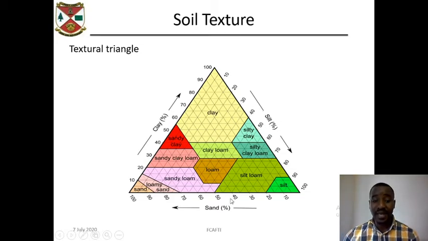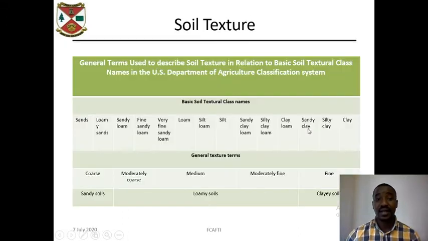And the bottom shows you the percentage sand, and the percentage sand increases from right to left. Now this table shows you the general terms used to describe soil texture in relation to basic soil textural classes.